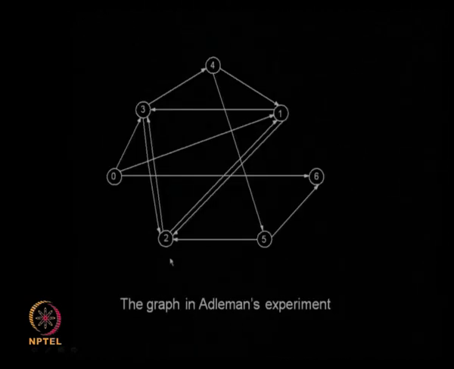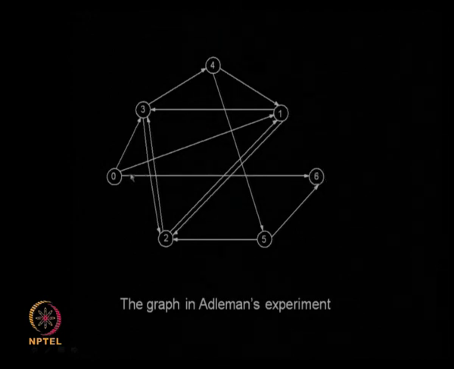So, this is the graph he took. There are 7 nodes 0, 1, 2, 3, 4, 5, 6 etc. There is a directed edge between 0 and 6, there is a directed edge between 4 and 5 and 3 and 2, 1 and 3 and so on. The input vertex V in is 0, the final vertex is 6, that is V out is 6.